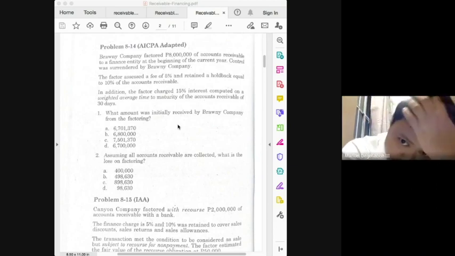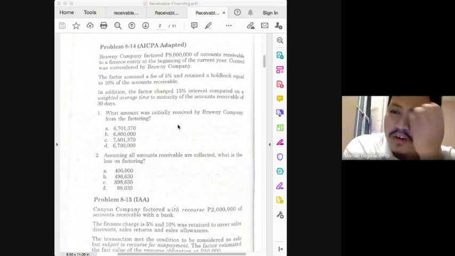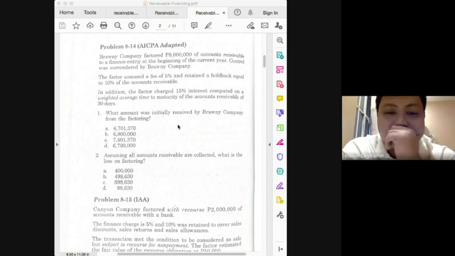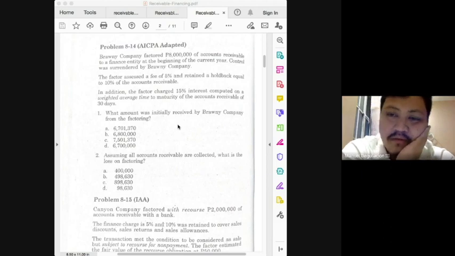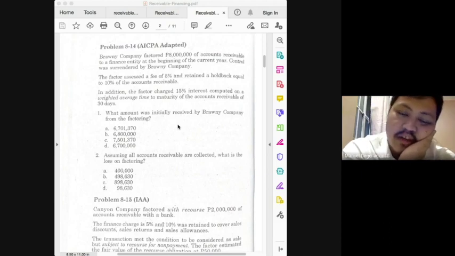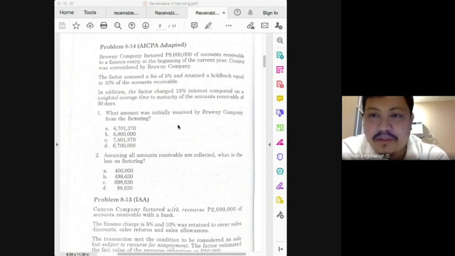In addition, the factor charged 15% interest computed in a weighted average time to maturity of the accounts receivable of 30 days. Okay, so aside from the 5% factor's fee, as a form of discounting the value of our receivables, an interest charge is also being deducted from our receivables.